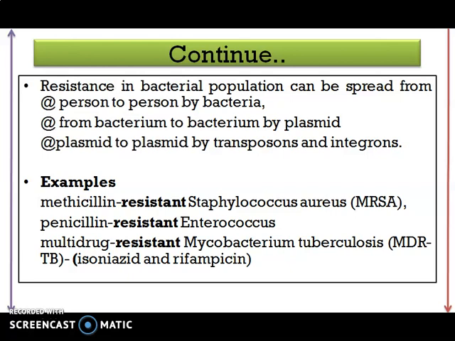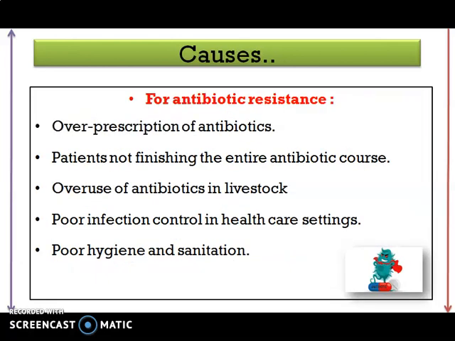After resistance, how does it spread? Some of the causes: overproduction of antibiotics, patients do not finish proper treatment or do not complete their therapy. Cost is one of the reasons behind it, or feeling good after 2 or 3 days of therapy.